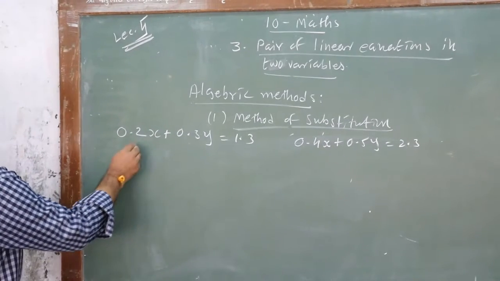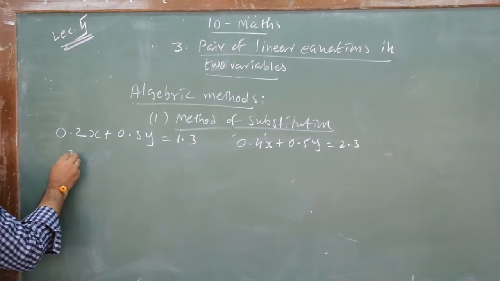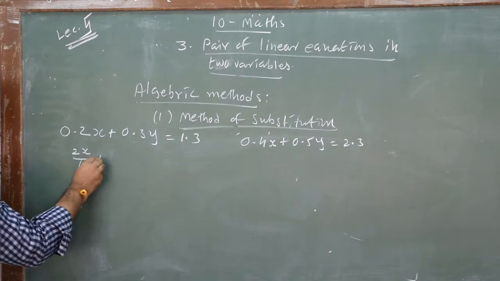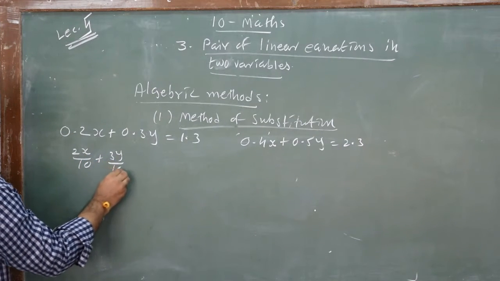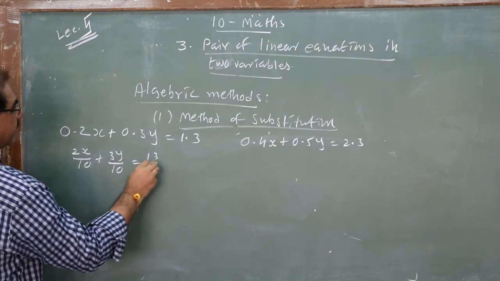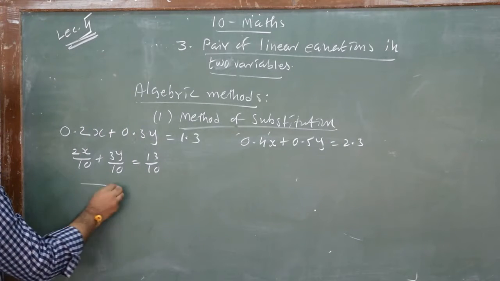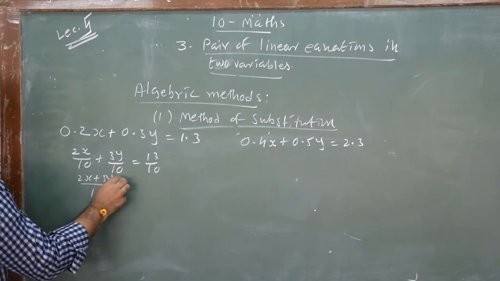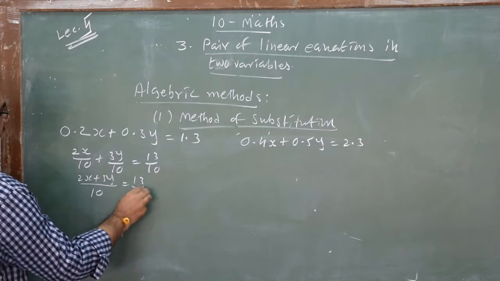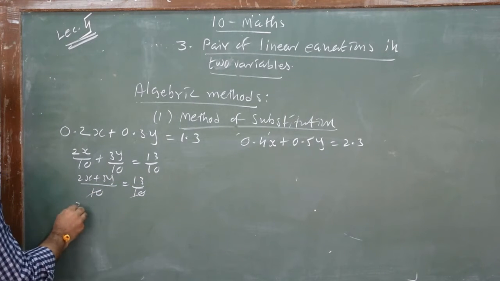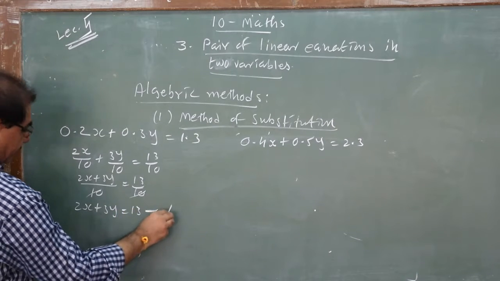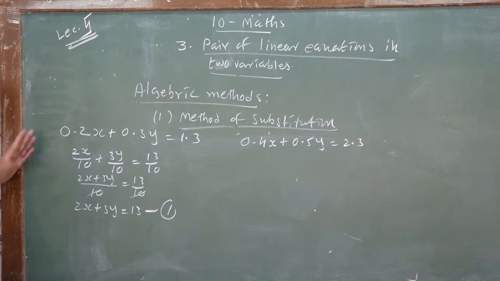Not to worry, simply what to do? 2x upon 10, decimal point gone, plus 3y upon 10 is equal to 13 upon 10. Take 10 as the LCM on the left hand side, 2x plus 3y is equal to 13 upon 10. 10 cancels, so 2x plus 3y is equal to 13. After simplifying, call it equation number 1.